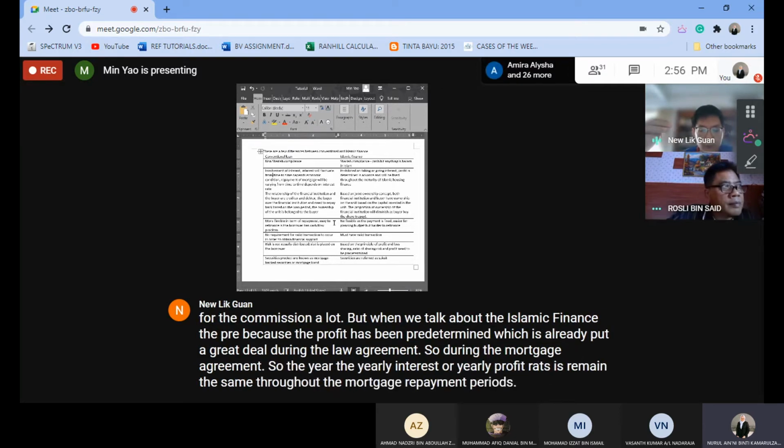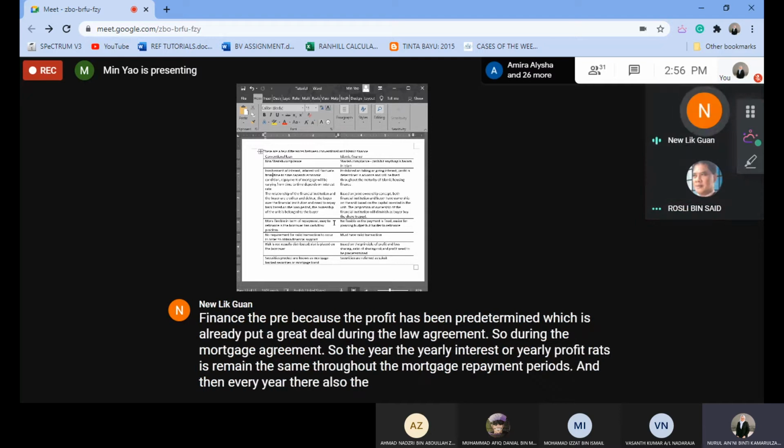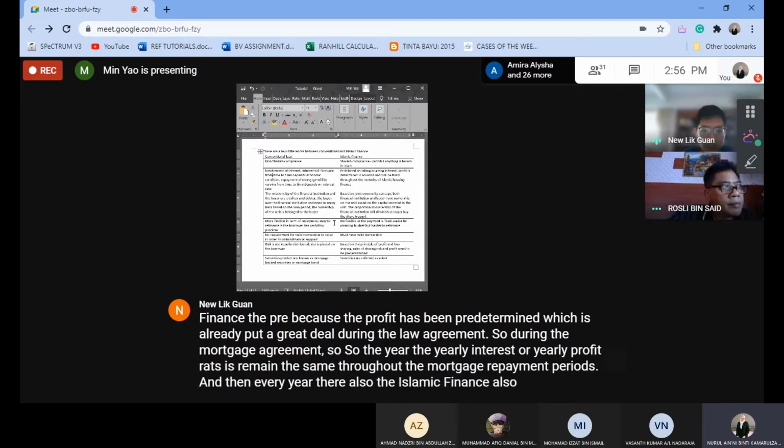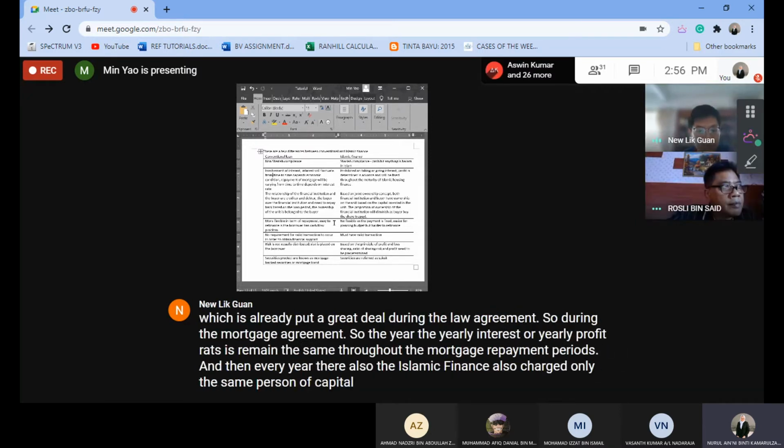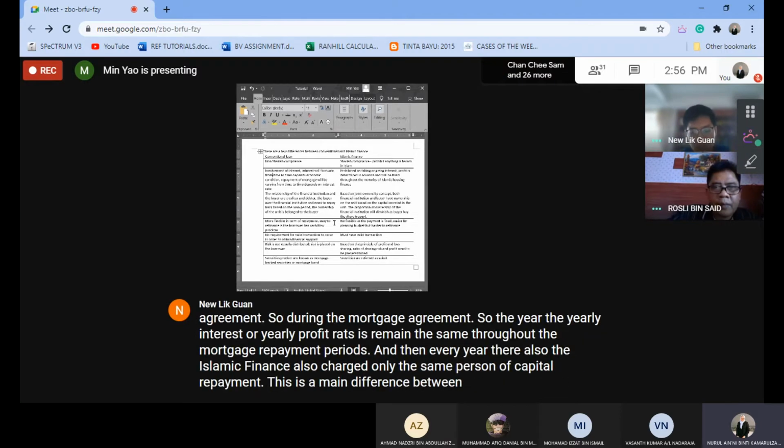Every year, the Islamic finance also charges only the same percent of capital repayment. This is the main difference between conventional and Islamic finance, to me.